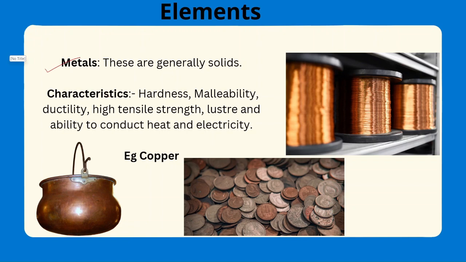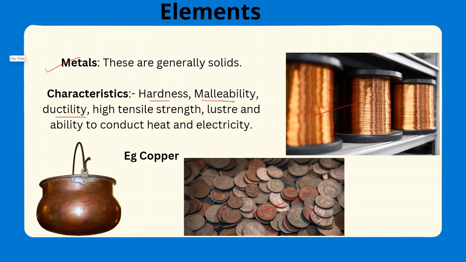Now we'll understand the examples of elements, starting with metals. Metal is something which is solid. See, this is solid, this is solid, this is also solid. So metals are generally solids. Because they are solid, they have hardness. Now, malleability and ductility, what are those terms?